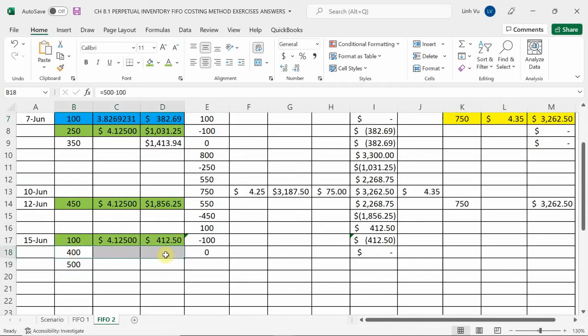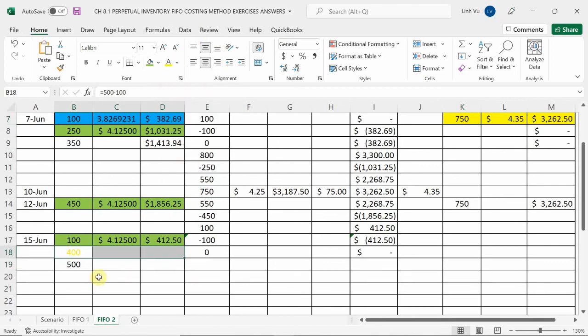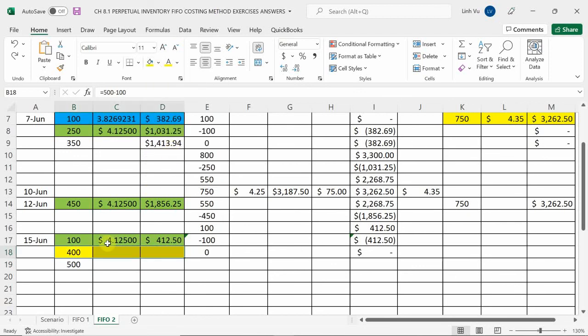Now, at what cost is my yellow batch going to be? $4.35. Right, so $4.35. So in this case, I need to figure out how much my total cost of goods sold is going to be.